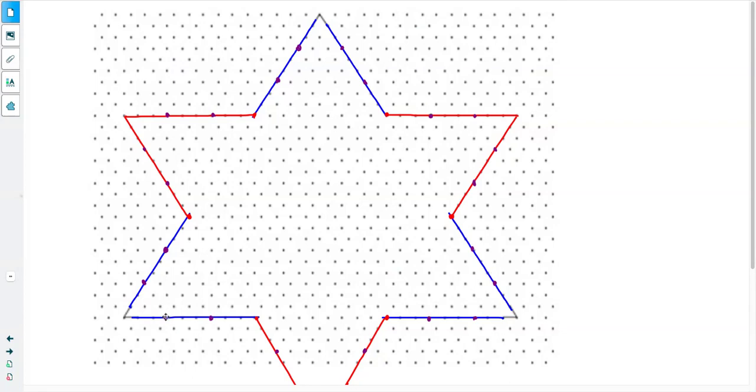And we're essentially going to do the same thing as we did in the last stage. So these middle segments will then draw equilateral triangles off of.